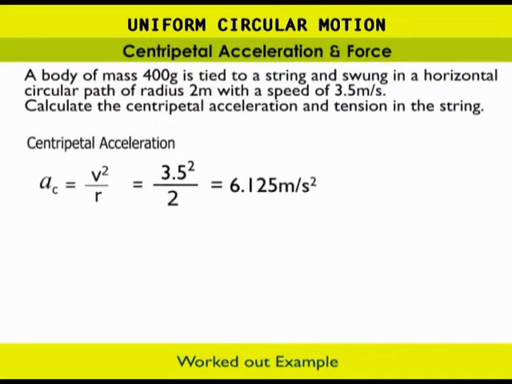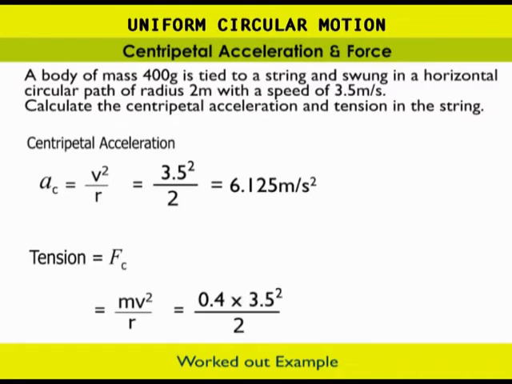That gives us 6.125 meters per second squared. The tension in the string is equal to the centripetal force, that is equal to mv squared over r. That is equal to 0.4 kilograms times 3.5 squared over 2, and that gives us 2.45 newtons.